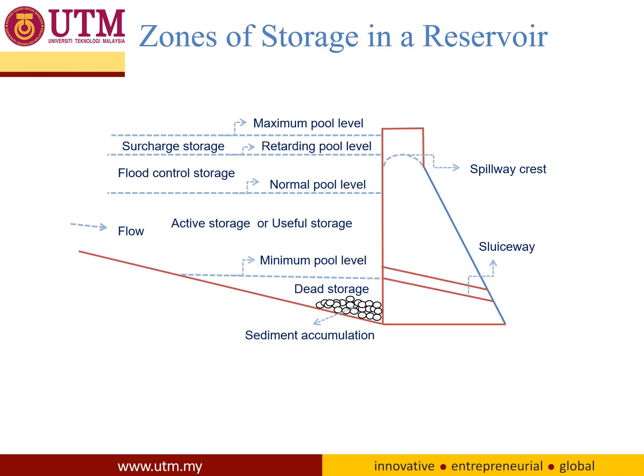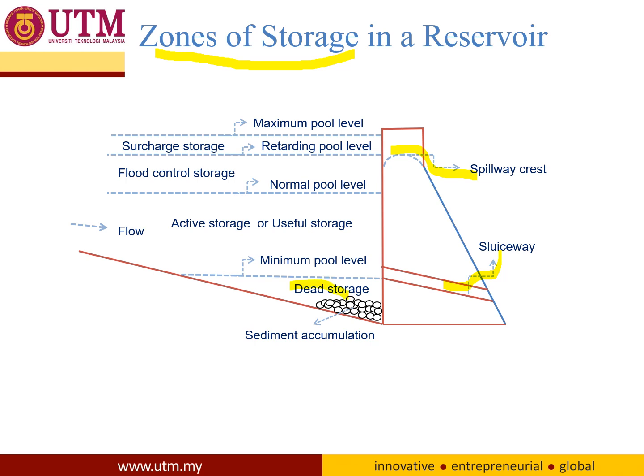Okay, so in a reservoir, you should also be familiar with this kind of diagram. It's in previous chapters also. You have a spillway here, and then you have a sluice way. All of these are how we draw out the water from the reservoir. And of course, according to the storage, there are also many types of zones.